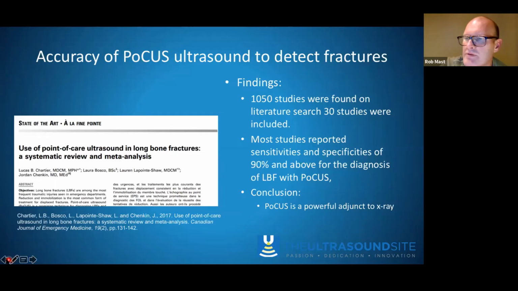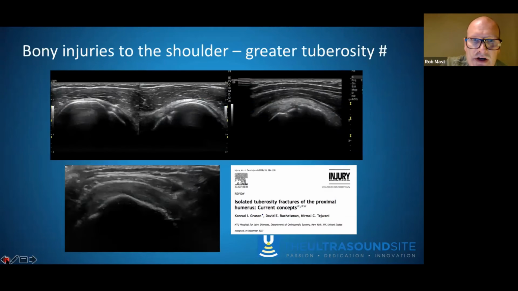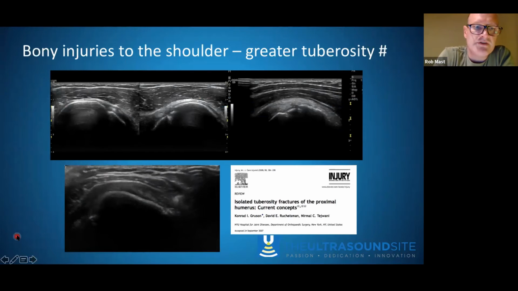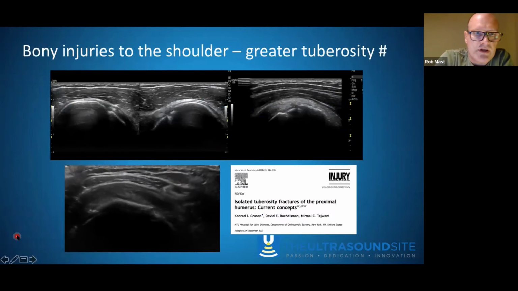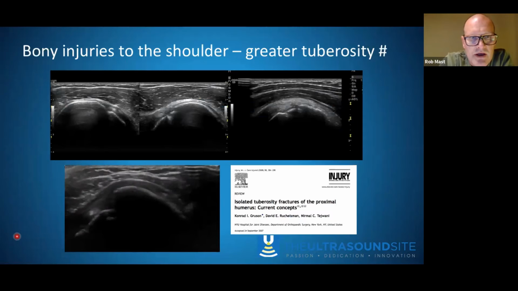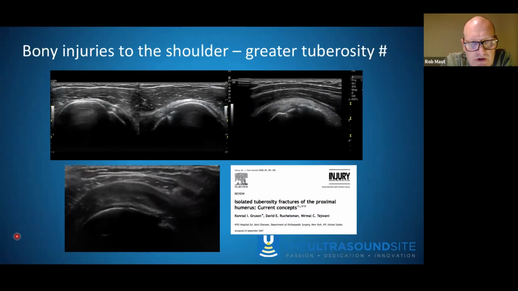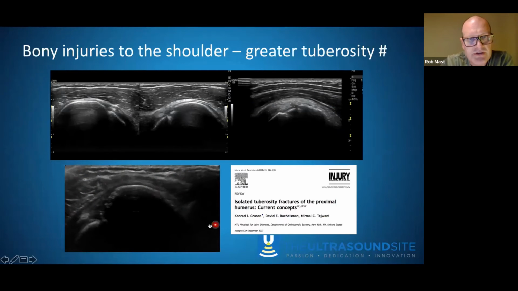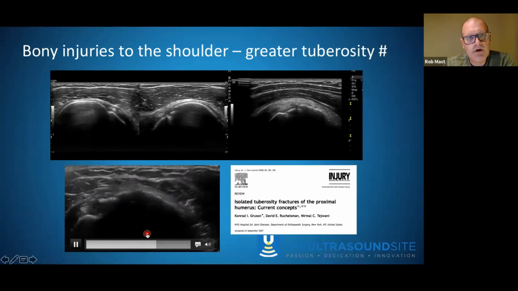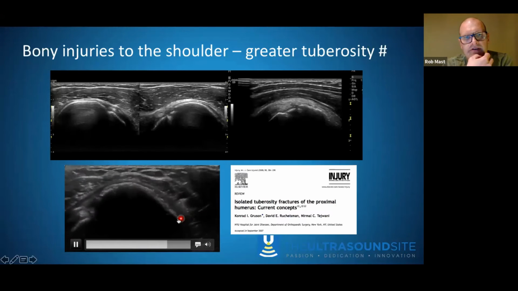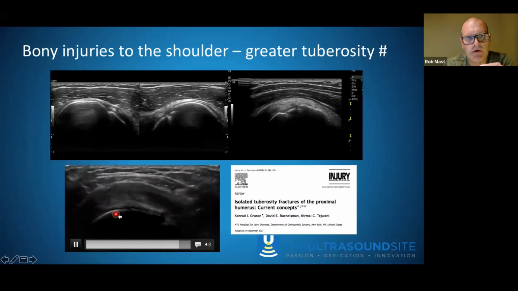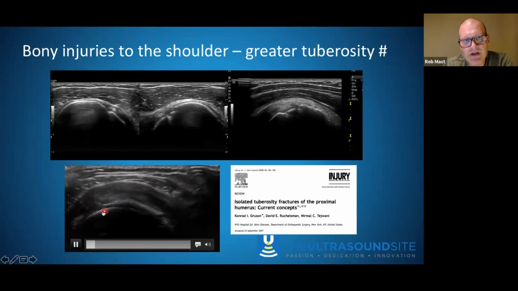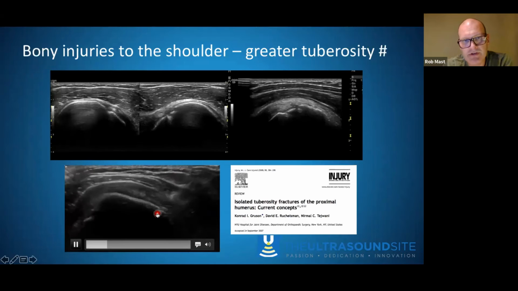Okay, so Stu, we can go back again to the slides beforehand. Yeah, so now these are really nice images of the greater tuberosity. If you look at that video clip at the bottom, you can really nicely see on both sides, on the left and right, that protruding lump of bone, and you can see that real sharp angle on the left, and as you scan through it, you can also see it on the right.